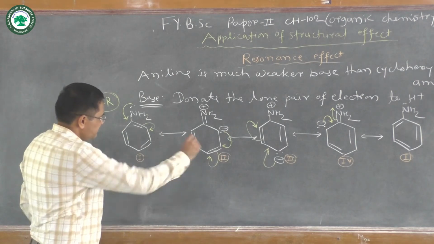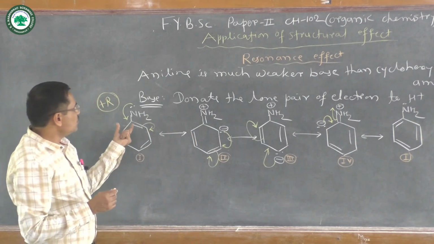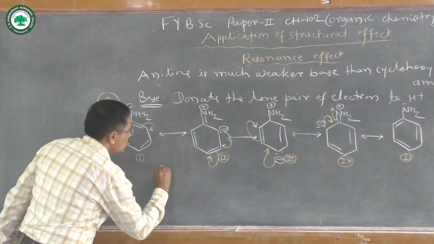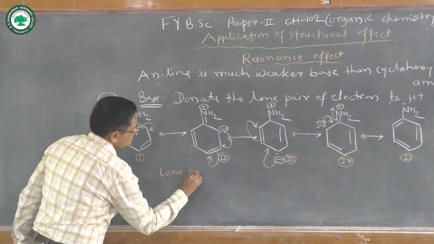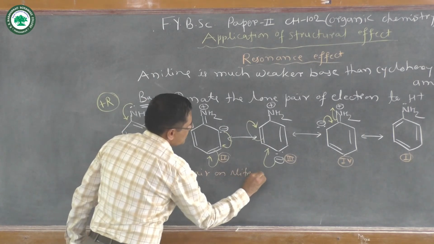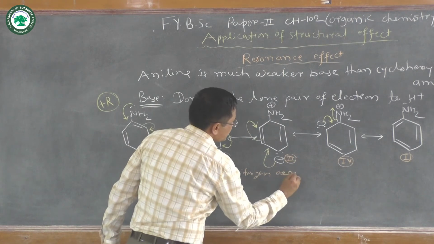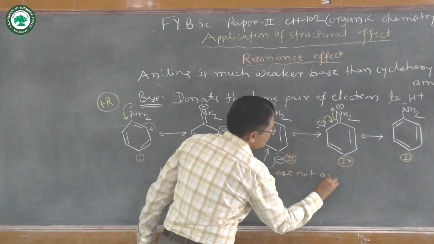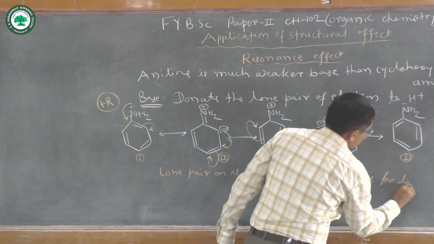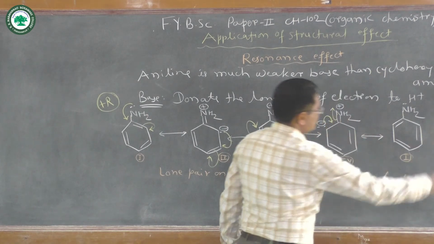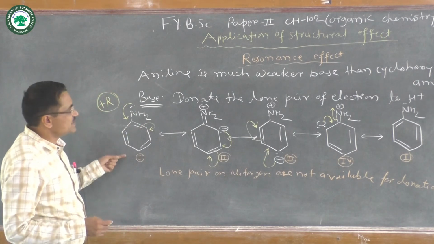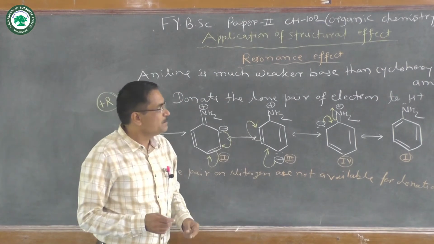And in this case, the lone pair on nitrogen is engaged in the resonance, and hence the lone pair on nitrogen is not available for donation, and due to this plus R effect, aniline is a much weaker base.